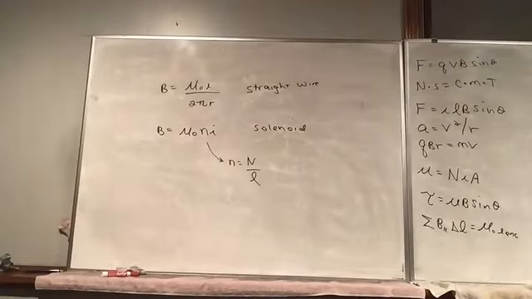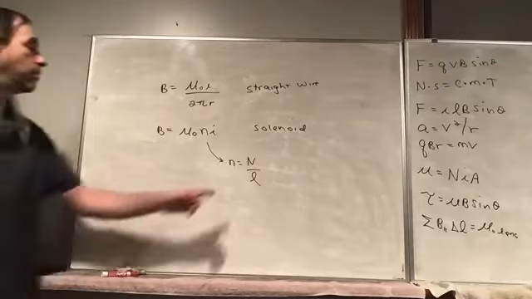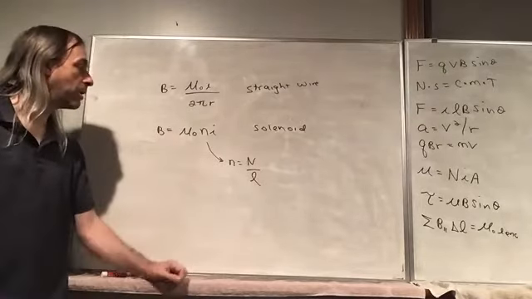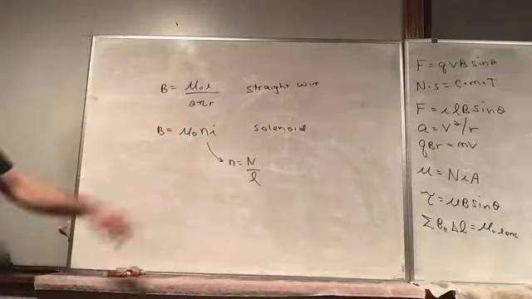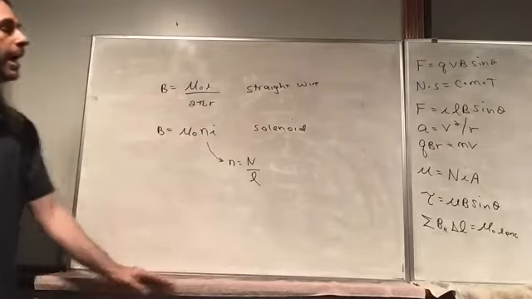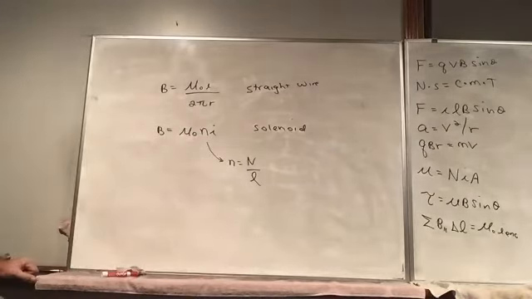So it's like the number of loops in the solenoid divided by the length of the solenoid. U naught, of course, is our constant, and I is the current.